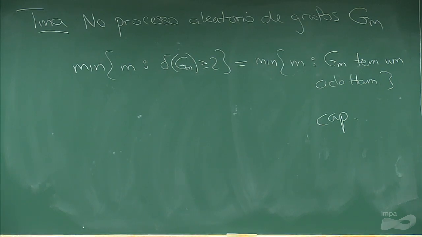And this also has a sharp threshold at something like log n over n.